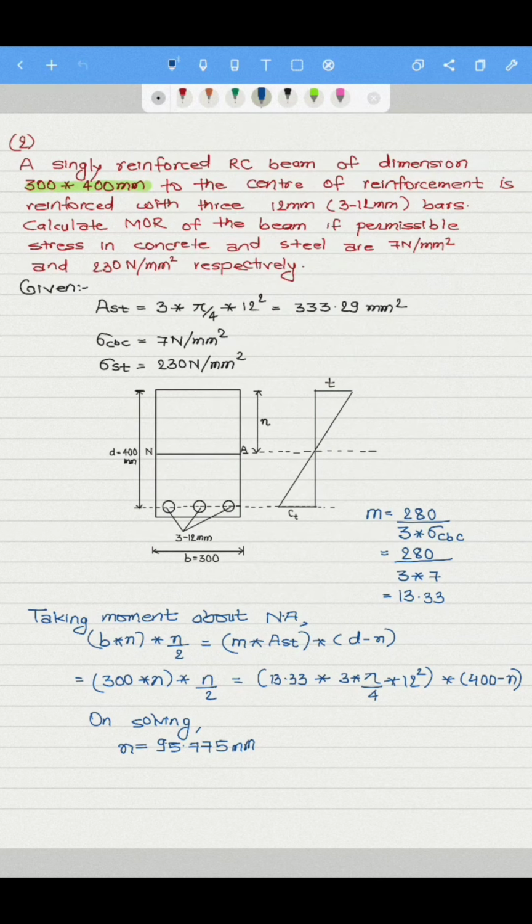Since we are to find the moment of resistance of the beam, as the question says, to calculate the moment of resistance of the beam, we have to first determine whether the section is over reinforced or under reinforced.